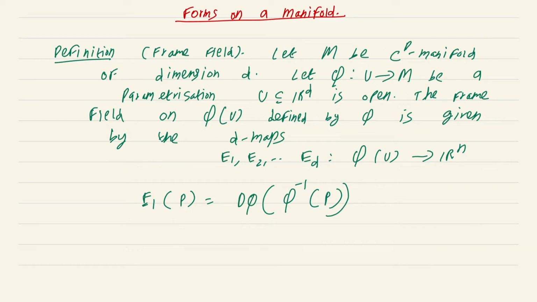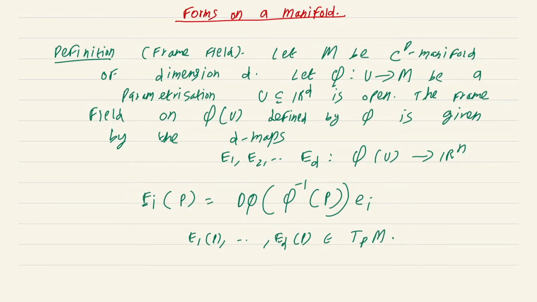This gives a linear map. If you recall, the image of this linear map is nothing but the tangent space of the manifold M at the point p. And so E_i(p) is just this map acting on e_i. If you observe carefully, this E_1(p), ..., E_d(p) are all elements of the tangent space to M at the point p.